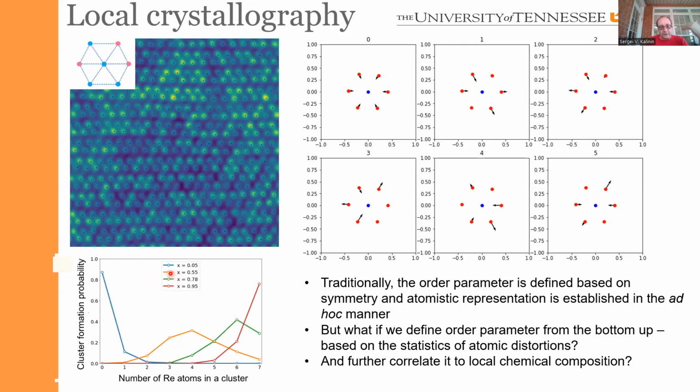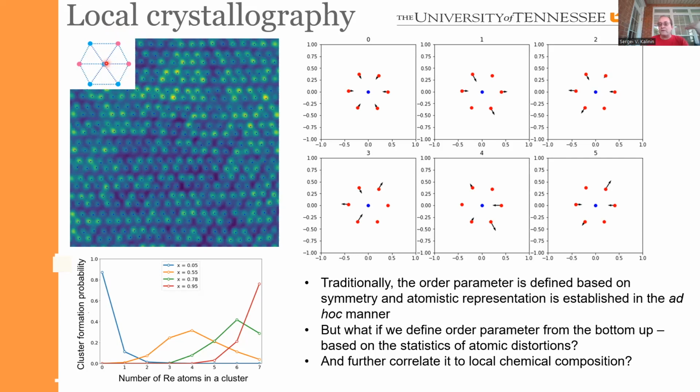If we have a small concentration of rhenium, we have either zero rhenium atoms or one, and very rarely two rhenium atoms inside the cluster. But if we have, let's say, 55% of rhenium, we have a broad distribution of the rhenium atoms around the chosen central atom.